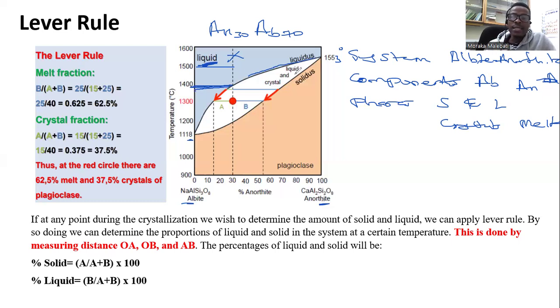As X cools to this temperature of 1,400 degrees Celsius, new crystals will start to form. The first mineral will form here.